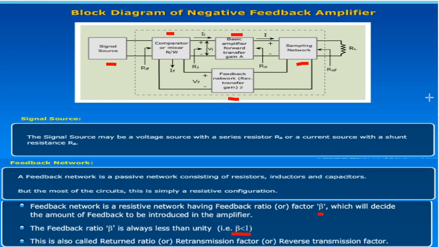But in feedback amplifiers, the feedback network gain or reverse transfer ratio beta is less than 1, and this beta is also called the turns ratio, retransmission ratio or reverse transmission ratio.